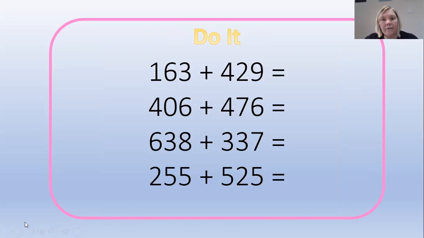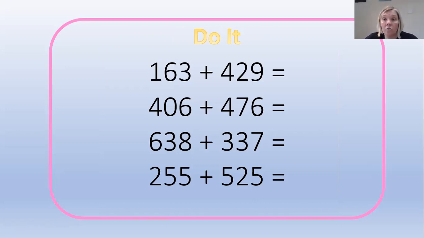So your do it for today are these calculations. Now you know what I'm going to say. First of all, they need to be rewritten in the formal method. You need to show that you can write the columns and you need to show that you can do your column addition. Show these answers pictorially.